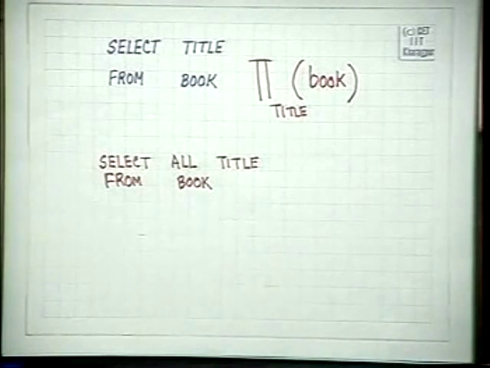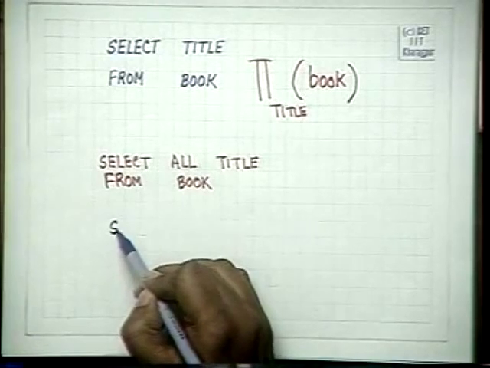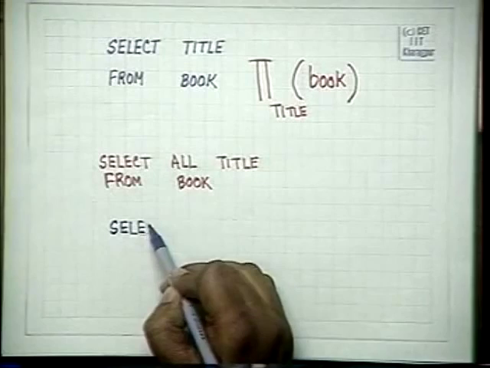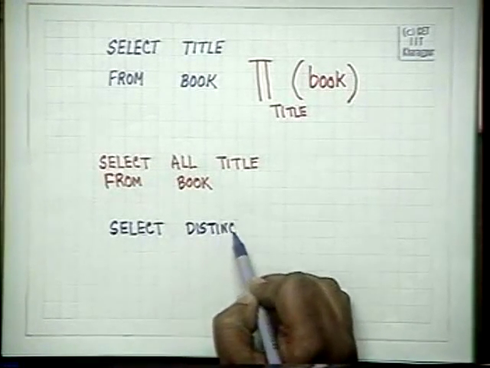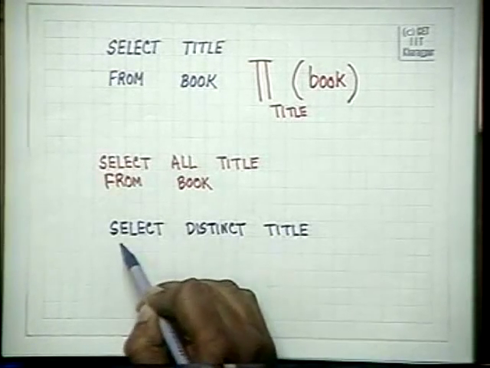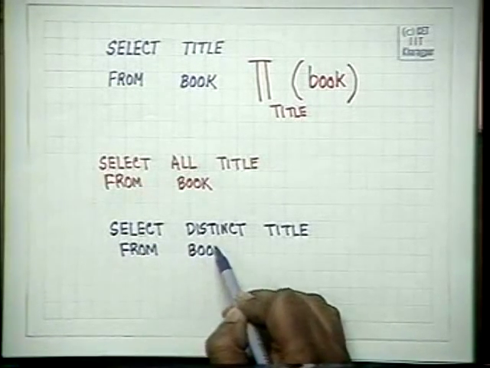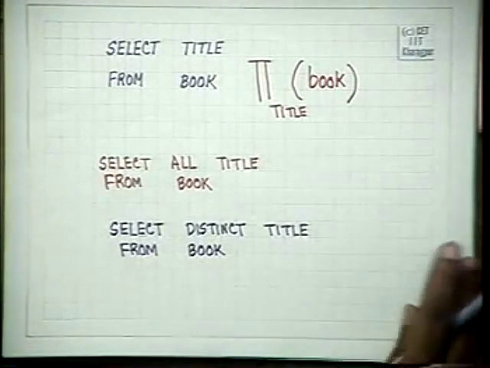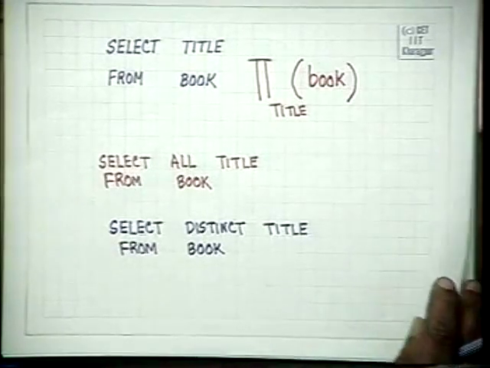Now if your default includes duplicates, and you want only non-duplicate elements to come out, then you will write down select distinct title from book. So this is the simplest query which we can give.